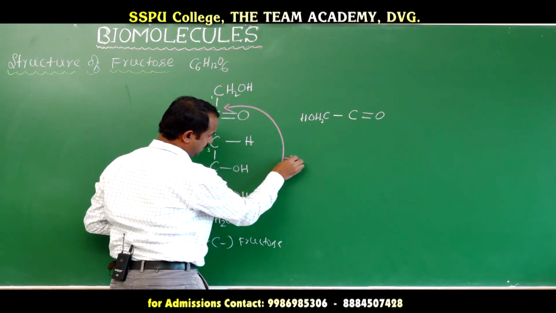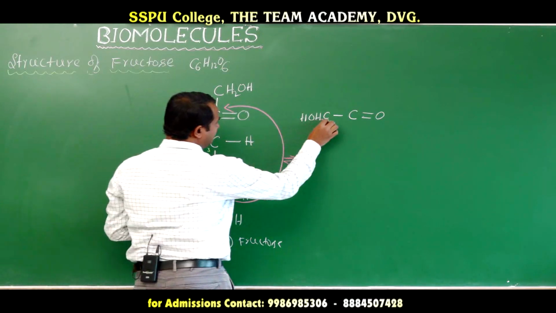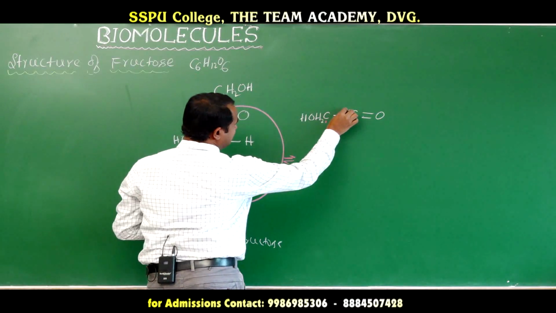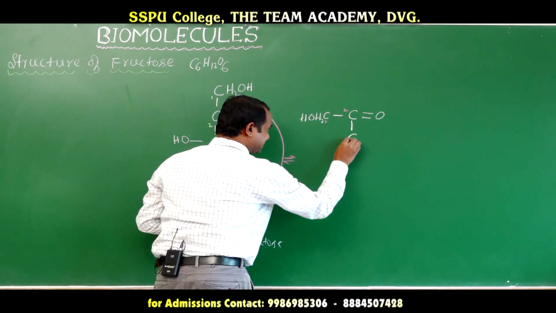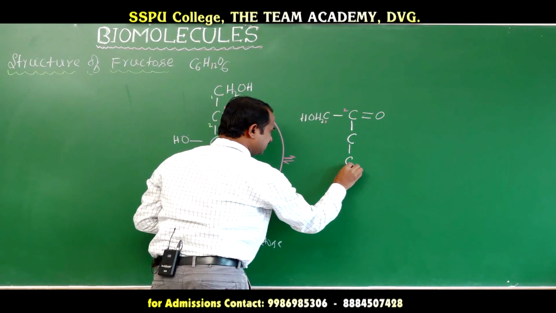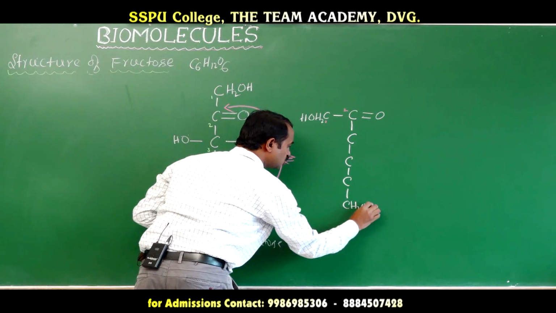This is the cyclic structure. Numbering here: C1 carbon, C2 carbon, next C3, C4, C5, and the last one is CH2OH.